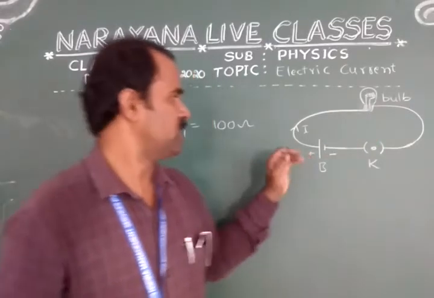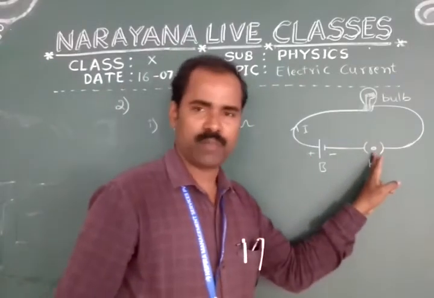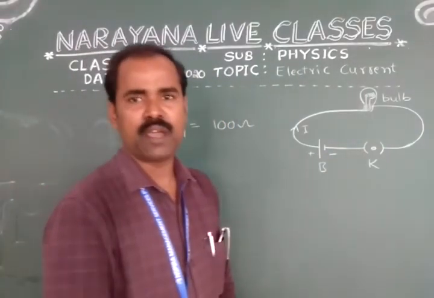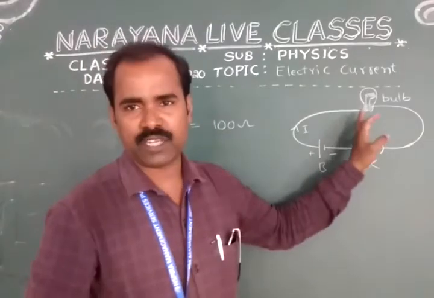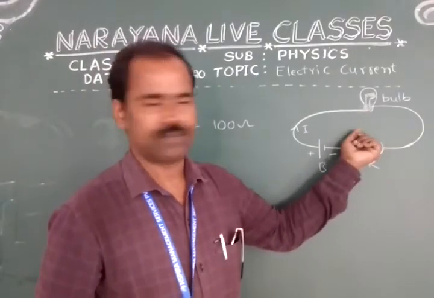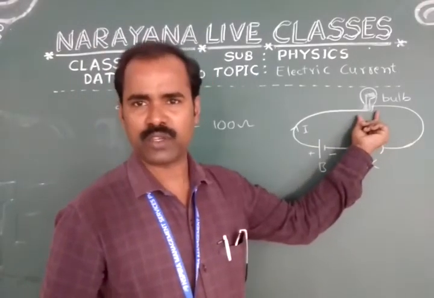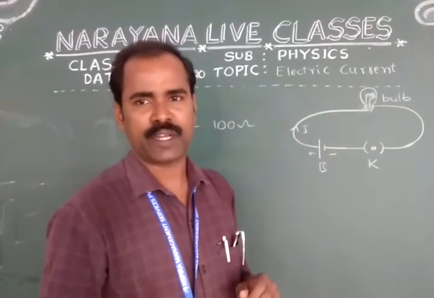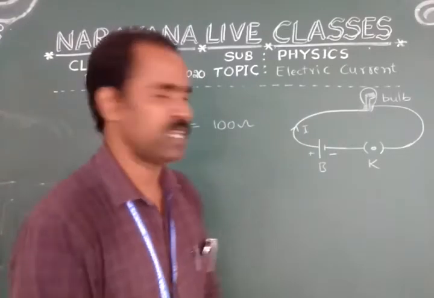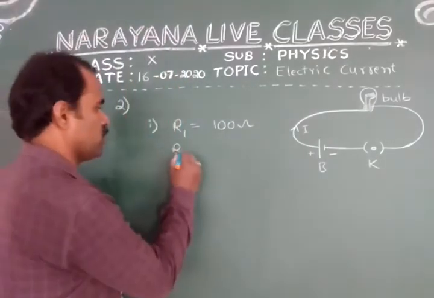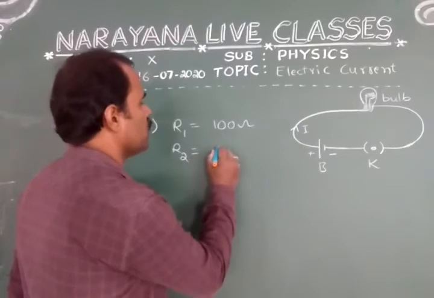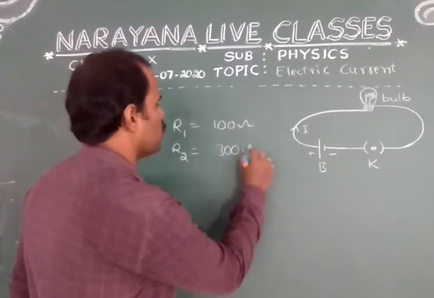After 3 minutes, switch off the plug key, then again take the multimeter and measure the resistance of the bulb. Across the terminals of the bulb, you place the terminals of the multimeter, then you will get the resistance. In that case, for example, you got say 300 ohm.